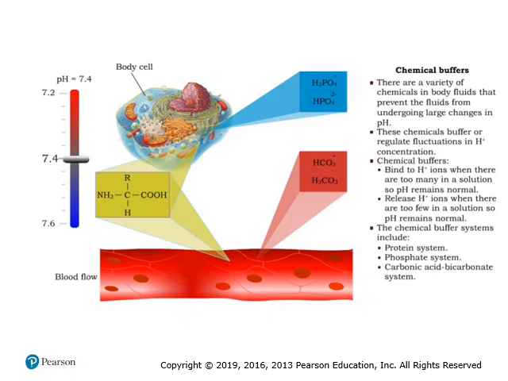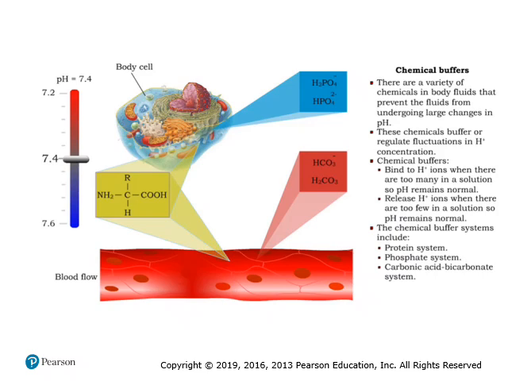Chemical buffer means that there is a variety of chemicals in the body fluids that prevent the fluids from undergoing large changes in the pH. These chemical buffers would regulate fluctuating hydrogen ion concentrations. The chemical buffers would bind to the hydrogen ion when there are too many of these hydrogen ions, so the pH remains normal.